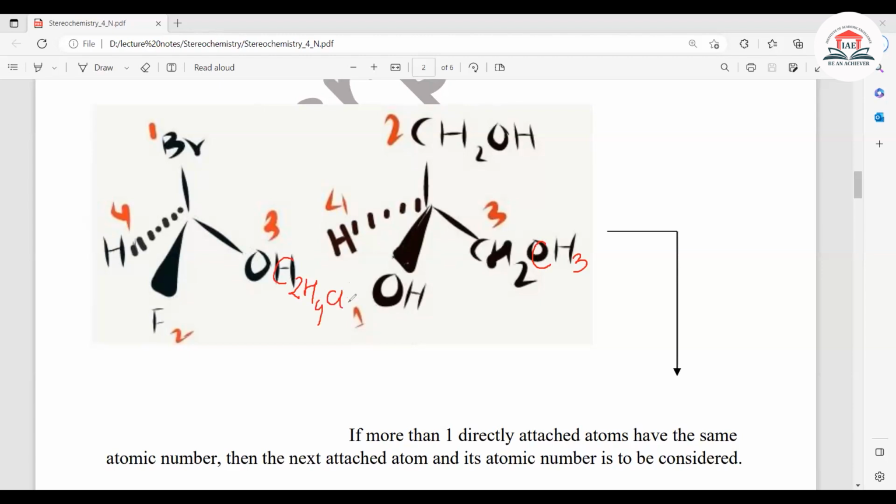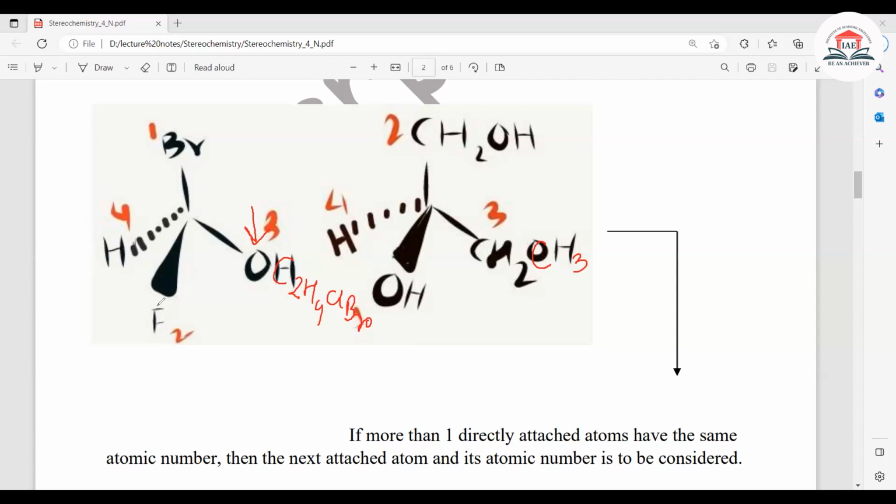O C2H4Cl Br, whatever it is, that does not matter. Okay, overall this group can be very large, that doesn't matter. Only we will be looking at the first atom that it is connected to. Okay, if the first atom which it is connected to has got a lower atomic number, it will still have lower priority.